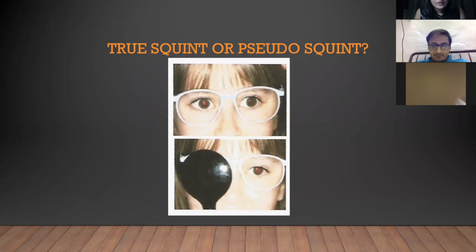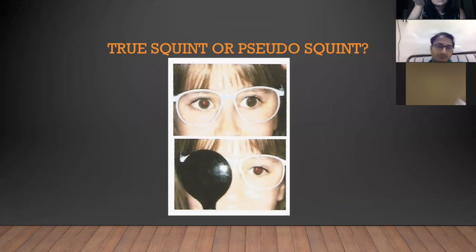What was a pseudo squint? Okay, I'll quickly take you through that. So pseudo squint is that it appears like a squint, but it is not a true squint. What that means is that the eye or the visual axis has a certain angle or a direction, which is called angle kappa.